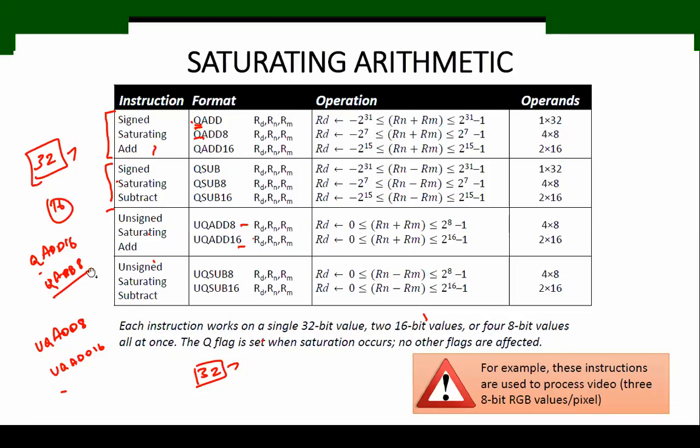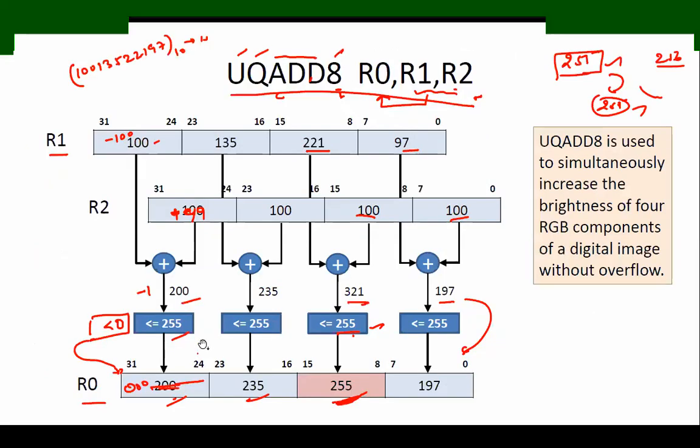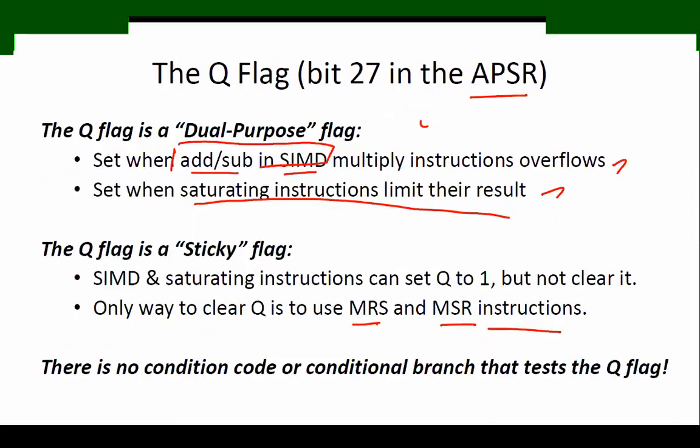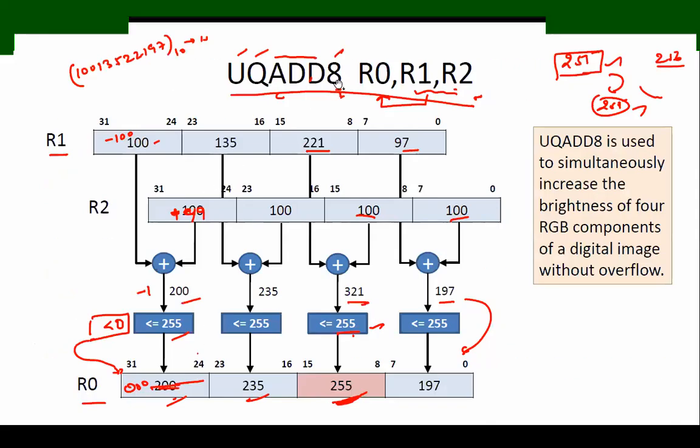You can take this as an example: you try to add, you get a value, and if it's going beyond the set limit, then the Q flag is set; if not, it is reset. Fine, so that's the meaning of this 8. So 1, 2, 3, 4 groups of 8 bits, 4 8s are 32. That's how it's going to go.